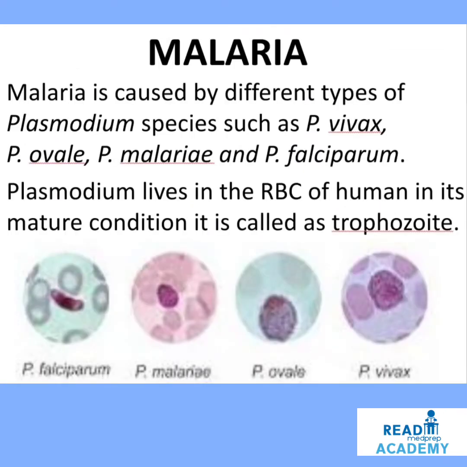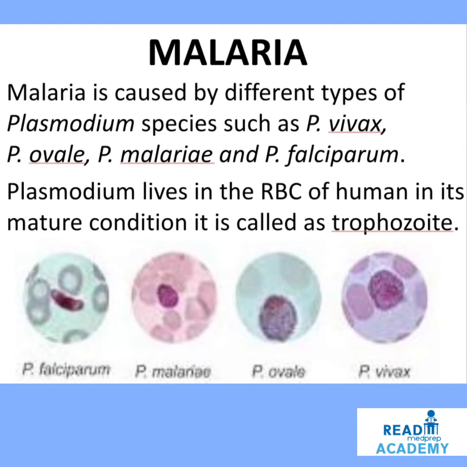Now let us move on to malaria. Malaria is caused by different Plasmodium species such as Plasmodium vivax, Plasmodium ovale, Plasmodium malariae and Plasmodium falciparum. Plasmodium lives in the RBC of humans in its mature condition, called a trophozoite.